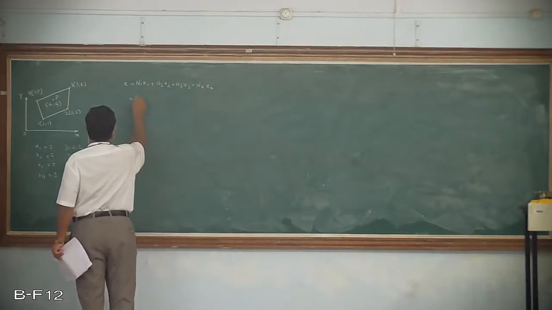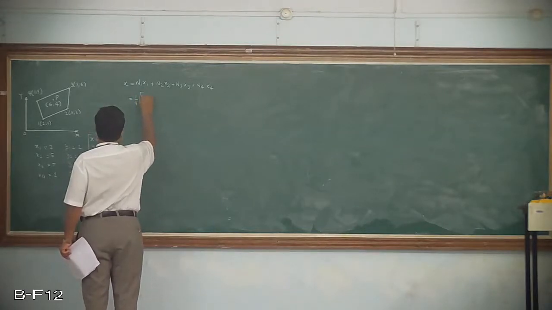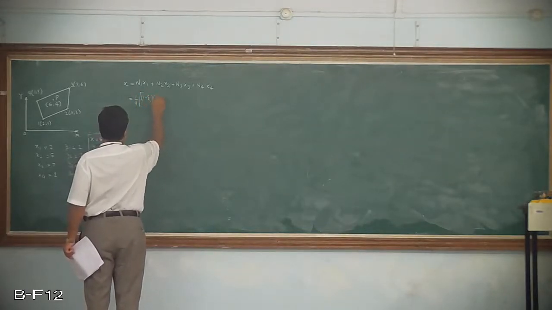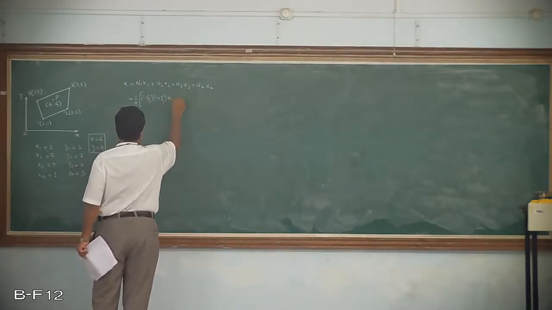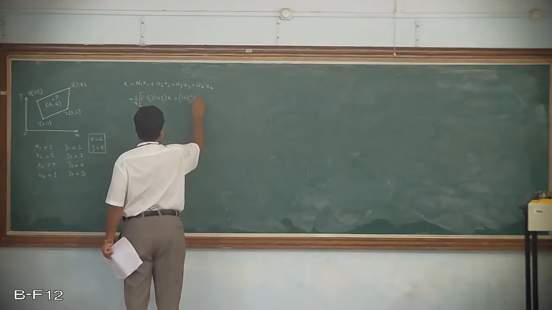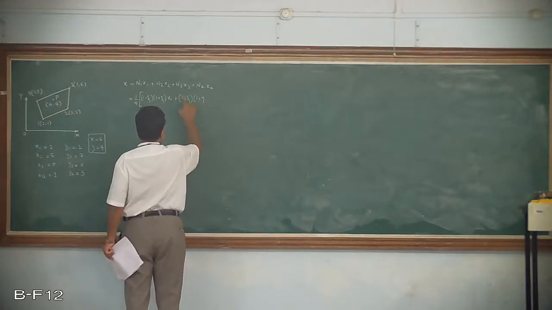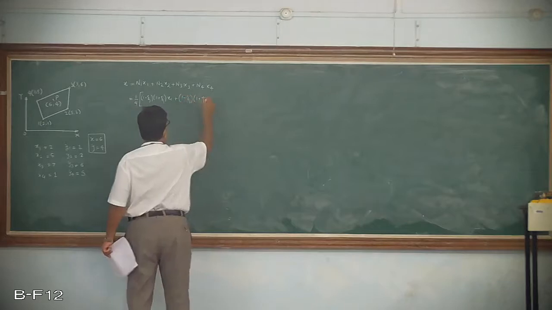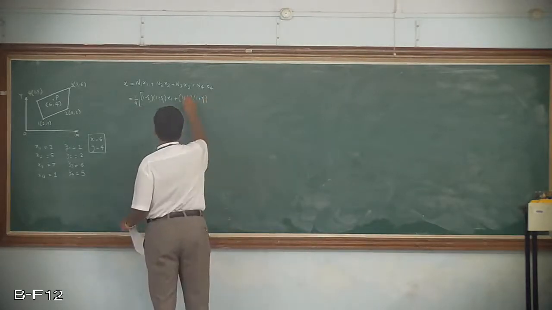What is this N1? As you already know, it is 1 by 4. Let us take it like this: (1 minus zeta)(1 minus eta) x1, plus (1 plus zeta)(1 minus eta) x2, where this is plus and this is minus.